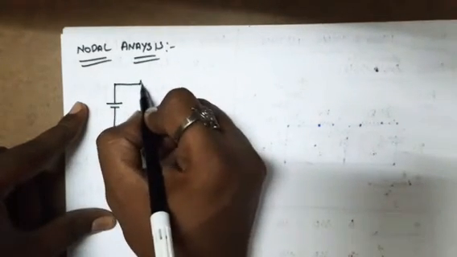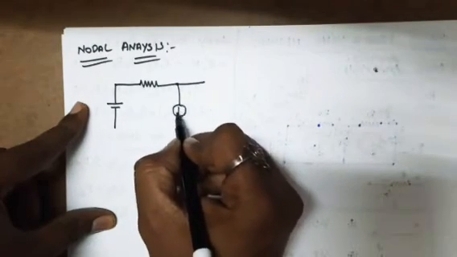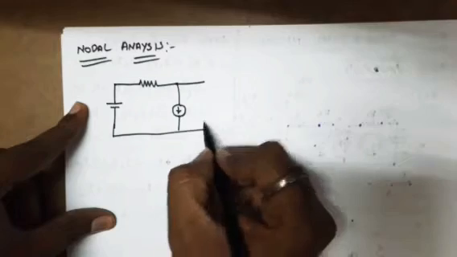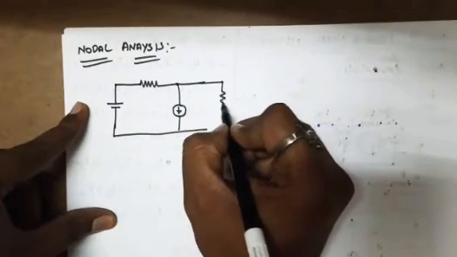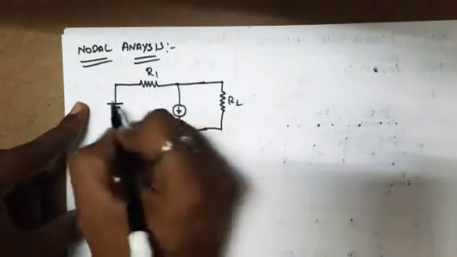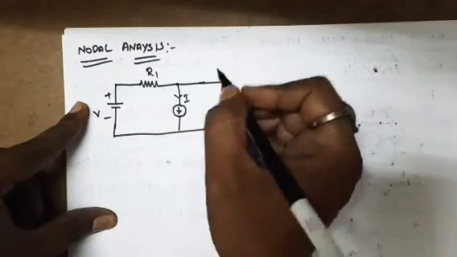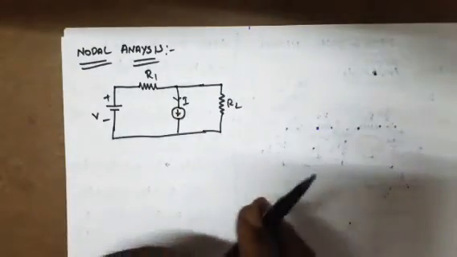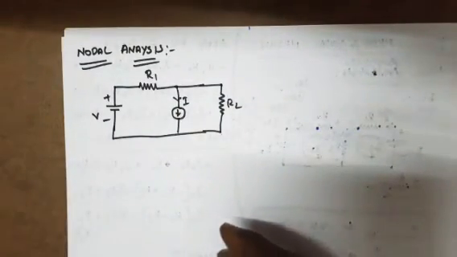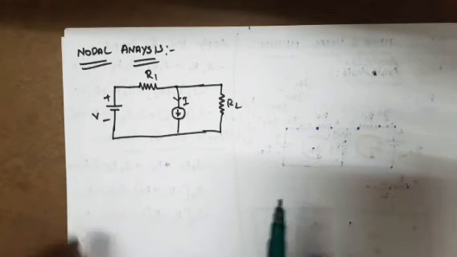R1, R2, V, current I. Before going to this circuit, one more very important thing is the identification of nodes for this circuit.